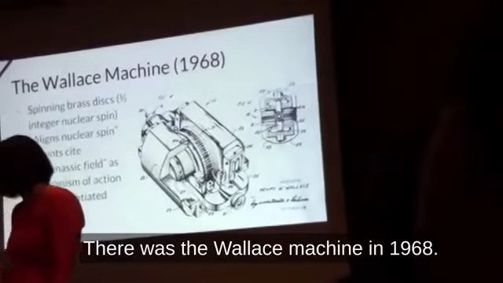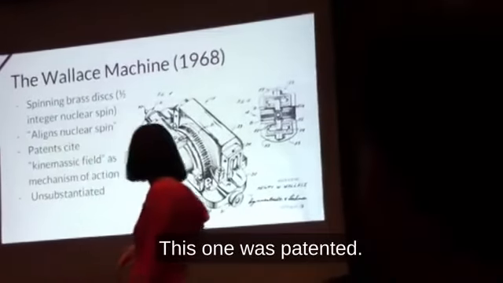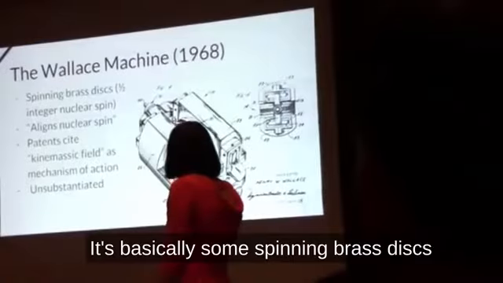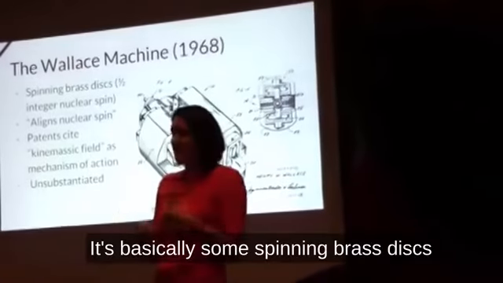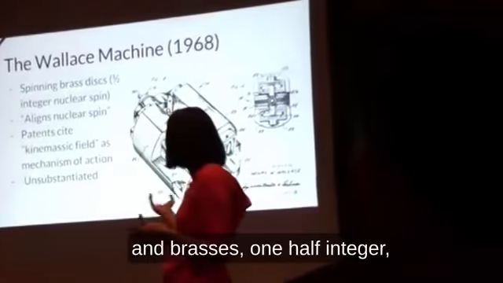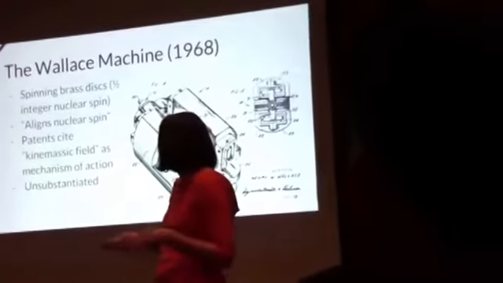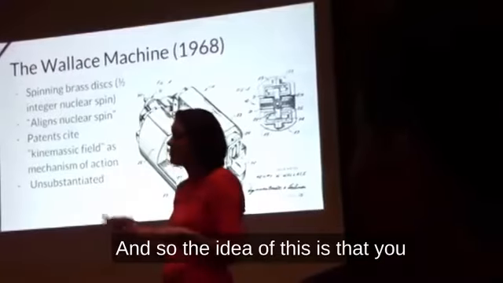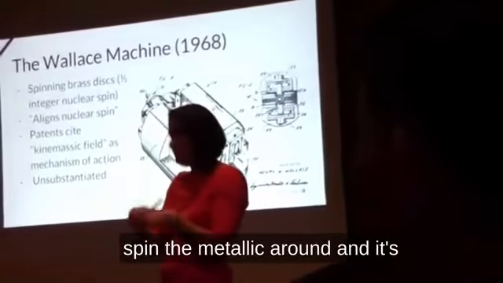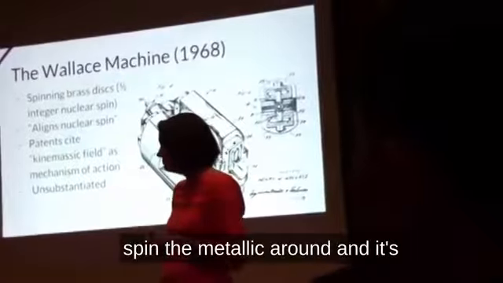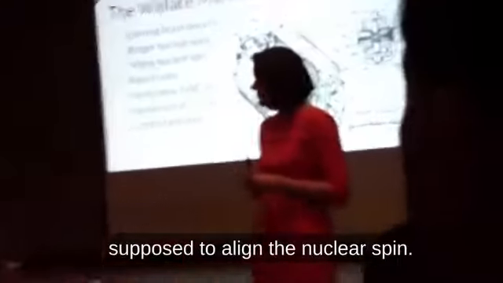There was the Wallace machine in 1968. This one was patented. It's basically some spinning brass discs, and brass has half-integer nuclear spin. The idea is that you spin the metal around, and it's supposed to align the nuclear spin.